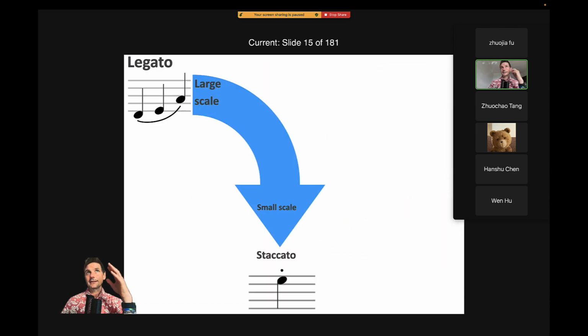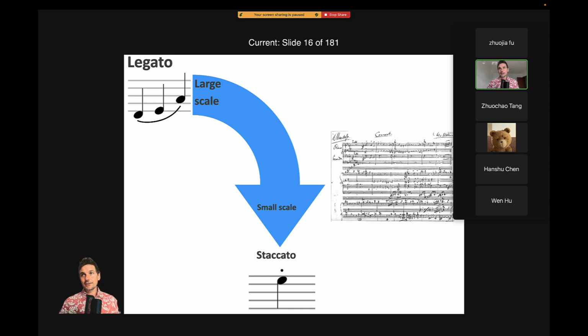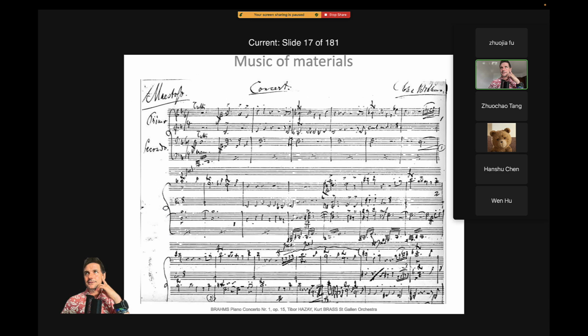And again, if you go from the legato, where you sing all the notes in a linked way, in a very smooth way, different from staccato when you go at the small scale, when it sounds a bit like this, with little jumps and discontinuities between the words, you see? So that's a different way to see things. What we do basically, this is a very nice concerto, which I really like, by Brahms.